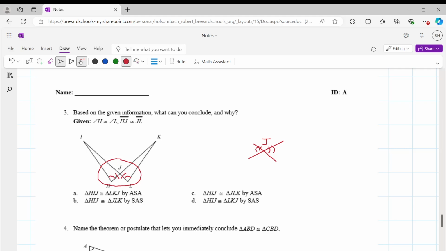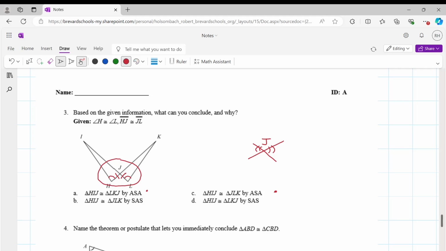So we've got angle, side, angle, congruent to angle, side, angle. So angle, side, angle, it's either going to be answer choice A or answer choice C. We just need to find out which congruent statement they wrote correctly.